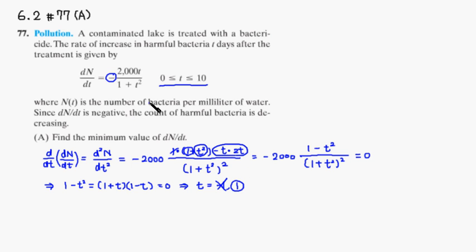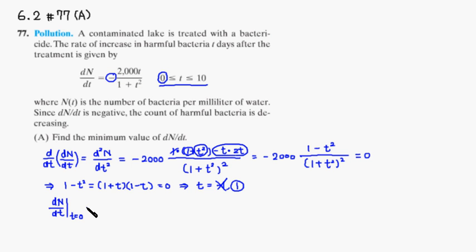All right, so we're going to evaluate the derivative of n with respect to t at t equals 0. That's the left endpoint of the interval. If you plug in 0 for t, the function is going to be 0, because 0 times anything is 0, divided by anything is 0.